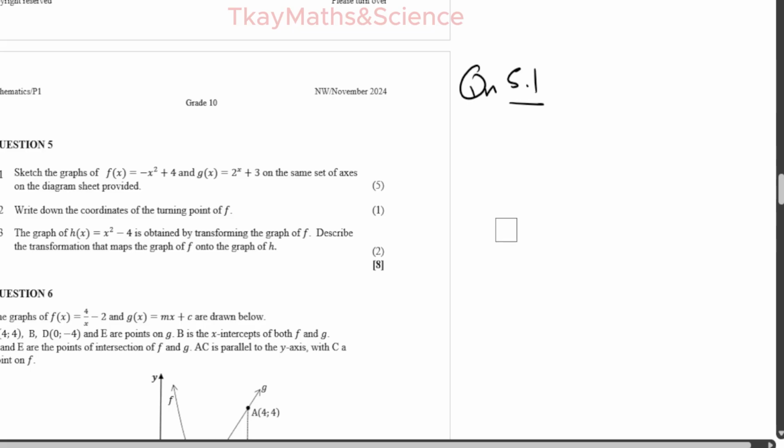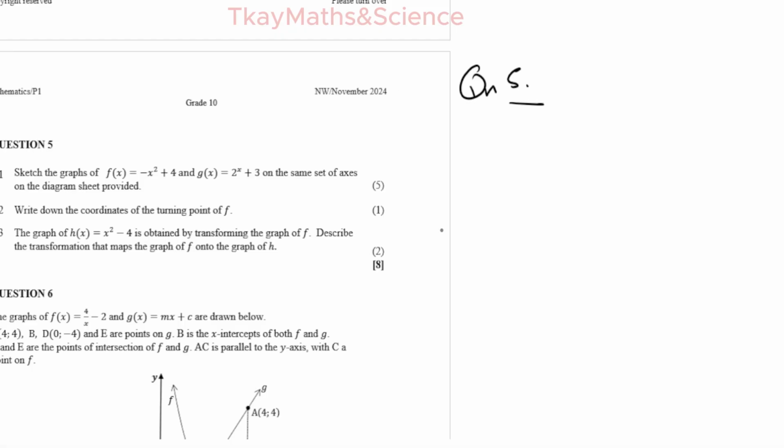So we're going to come to 5.2. Go to 5.2 now. Okay, so now we're going to write down the coordinates of the turning point of f. As we previously saw on our sketch, our turning point was like this.